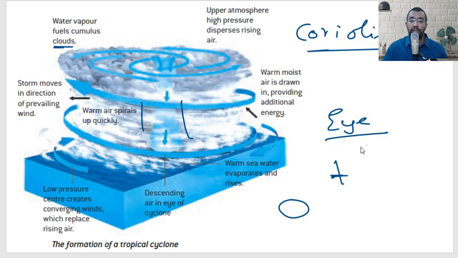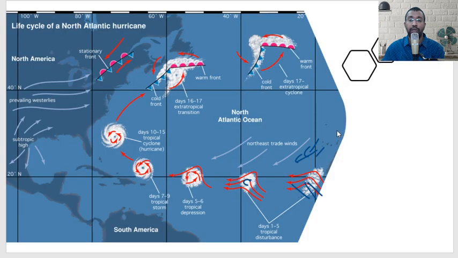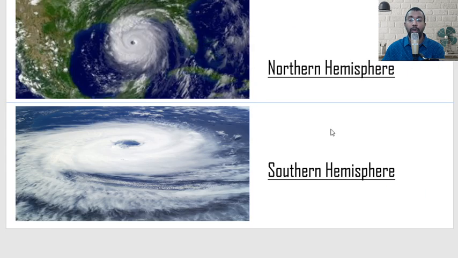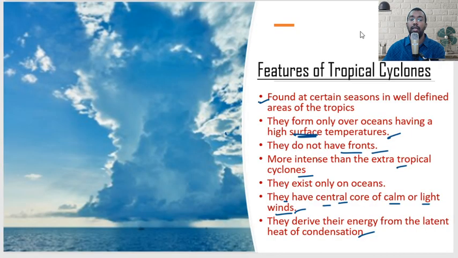What are the other features as we talk about the structure of tropical cyclones? It says that this is the one which has an eye wall.